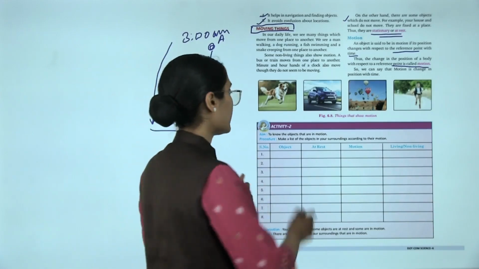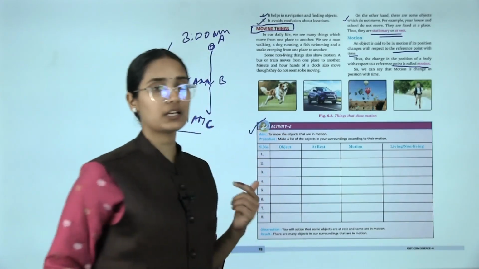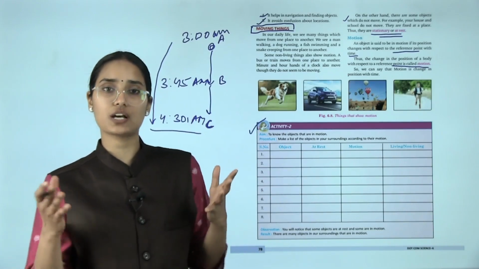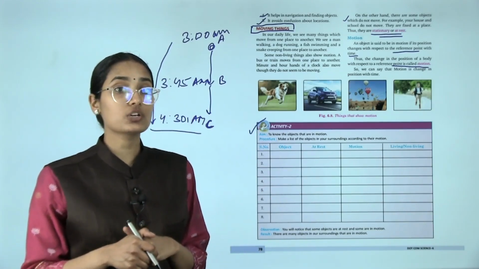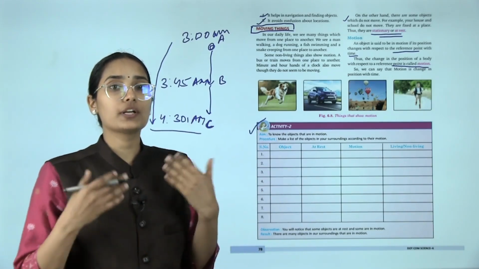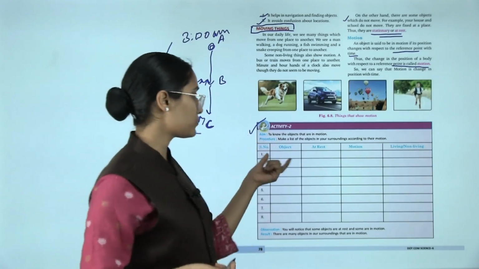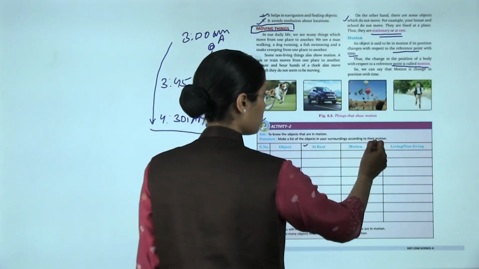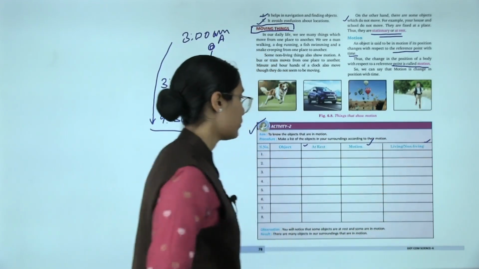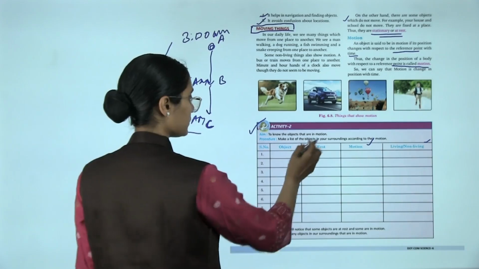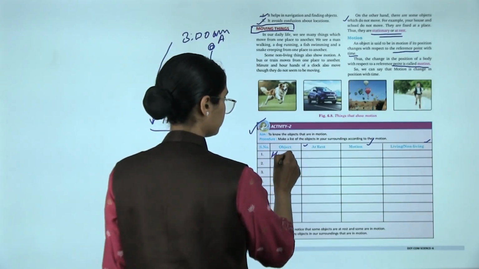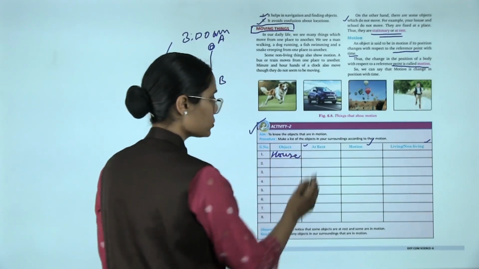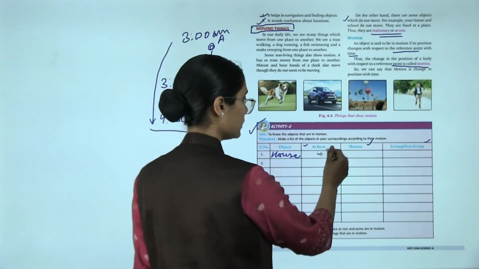Now let's do one activity to know the objects that are in motion. How do we know that objects are in motion? Make a list of objects in your surroundings according to their motion. Write the name of the object, and write whether it is at rest or in motion, living or non-living. So, for example, let's say house. House is at rest, not in motion.